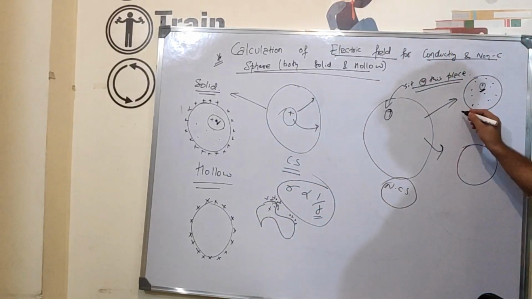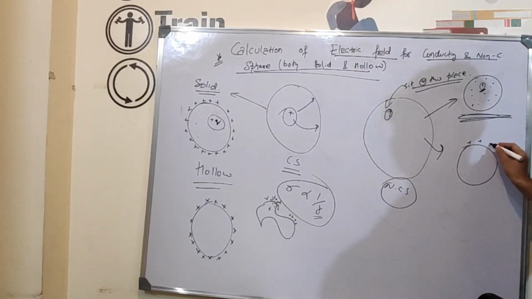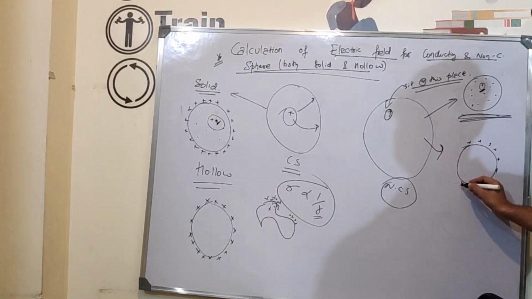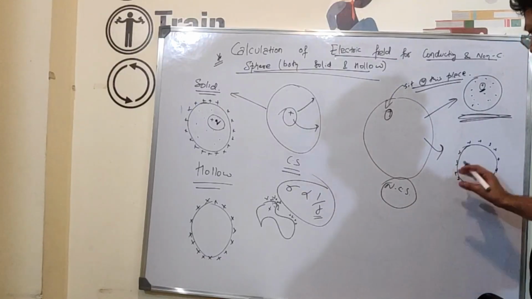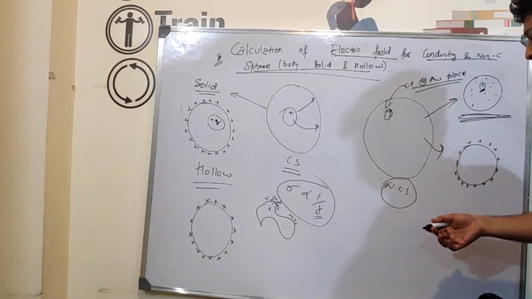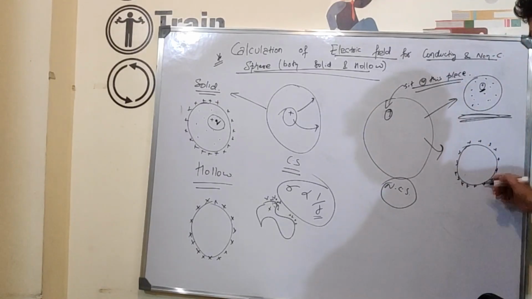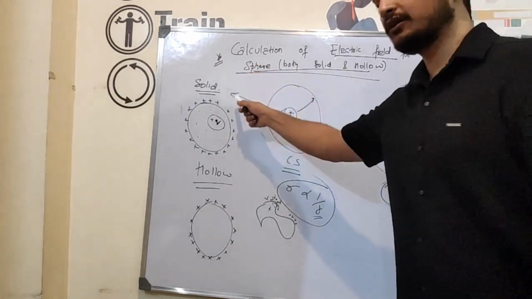Even in this case, if we have charges spread evenly on the surface, they will stay on the surface only. That means they are not going to move. They will be situated there, and the value of the electric field inside, on the surface or outside will be the same as in the case of a conducting sphere, either solid or hollow.